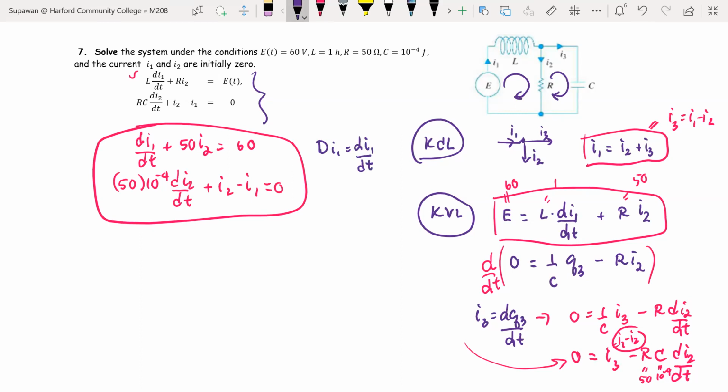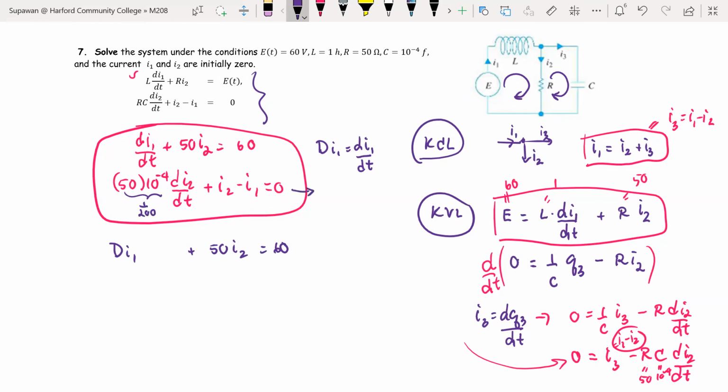Now the first equation becomes D I1 plus 50 I2 equals 60. And the second equation, let's simplify the 50 times 10 to the negative fourth. That is 1 over 200. So we multiply all by 200.